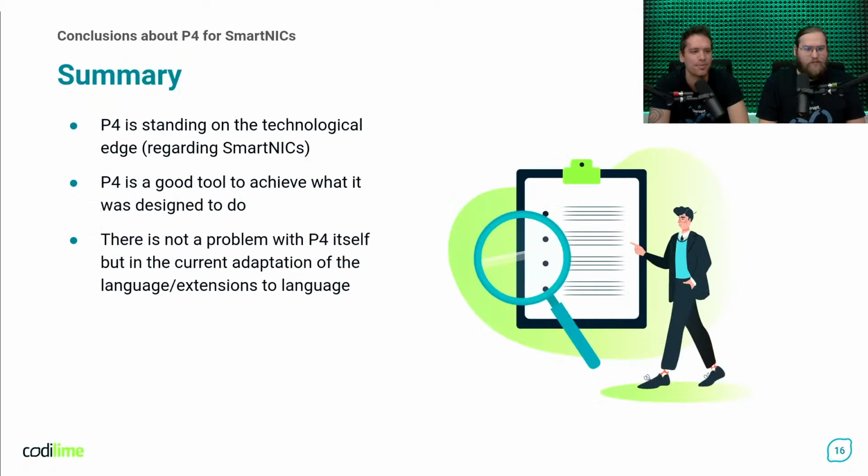Okay, so I will try to summarize this and shed some light on the future of P4. We see that P4 for SmartNIC is currently stagnant. And we saw that it is drifting more toward a simple definition of the interfaces rather than a data plane programming language. But we see that P4 is a good tool for what it was designed to do.